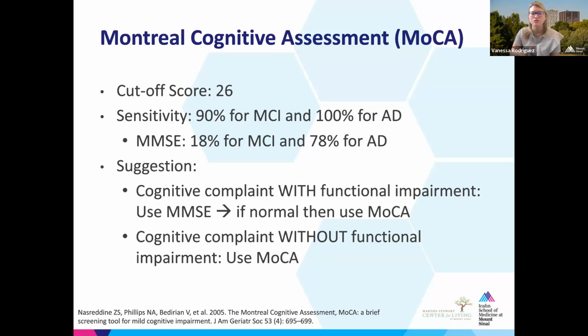Some research has recommended that if a person has a cognitive complaint with functional impairment, you may use the Mini-Mental, which tends to be simpler, but if it's normal, then you can use the MoCA to further assess. But if a person has a cognitive complaint without functional impairment, then the MoCA might help more to tease out those persons who have mild cognitive impairment.